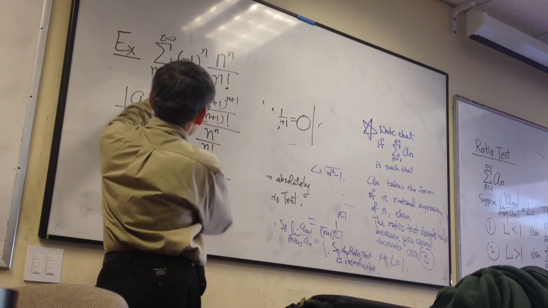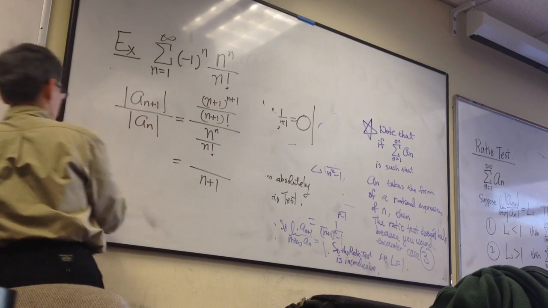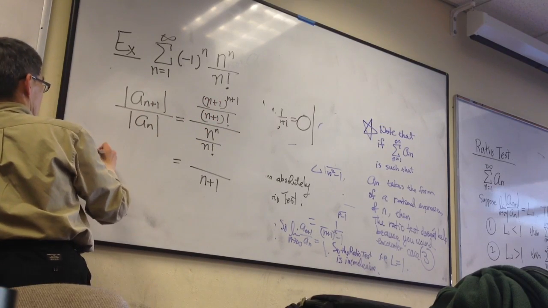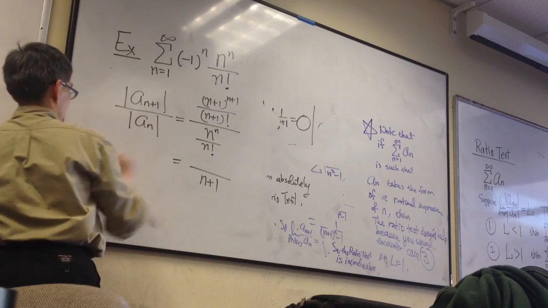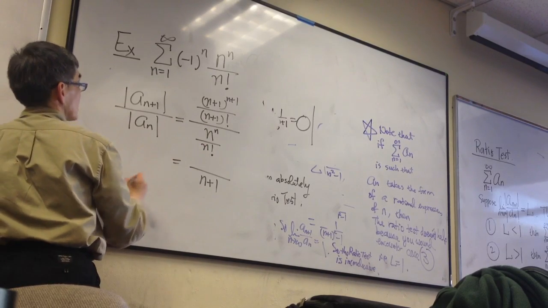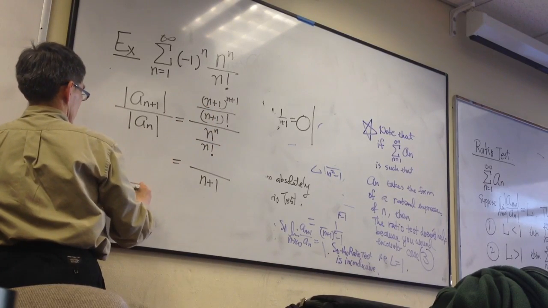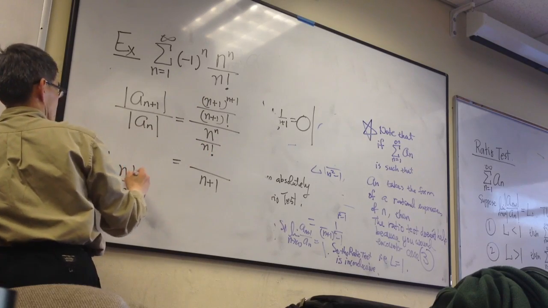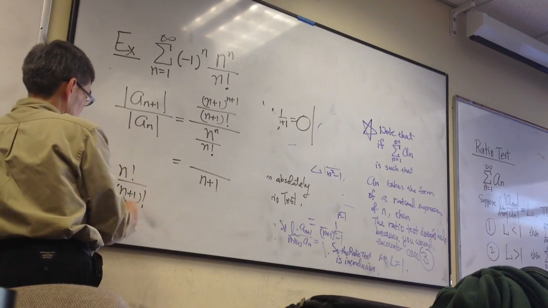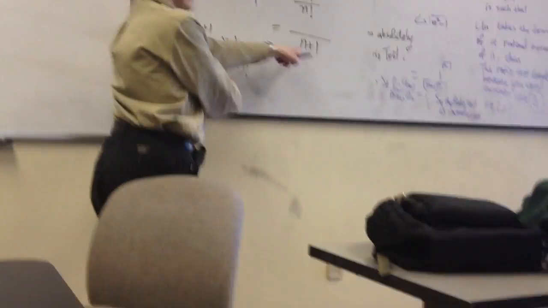And if you massage this, then you're going to see n plus 1 power over n to the nth power, times this one, which goes here, and this one flip it to get there. So if you manipulate it algebraically, you see that these two factorials cancel out, and you're left with this.